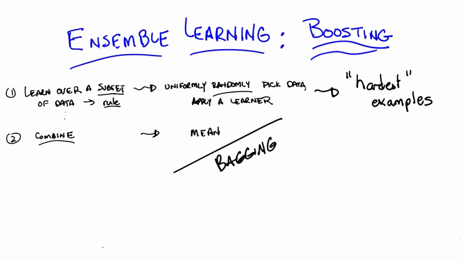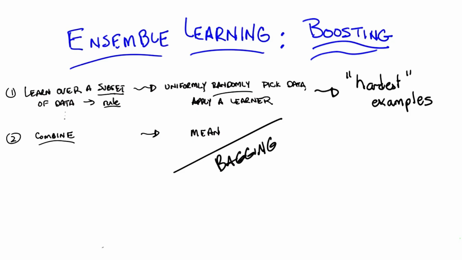If you come up with a rule and you see it does a very good job on some of the mail examples, but doesn't do a good job on the others, why would you spend your time trying to come up with more rules that do well on the email messages you already know how to classify? You should be focusing on the ones that you don't know how to classify. And that's the basic idea behind boosting and behind finding the hardest examples.